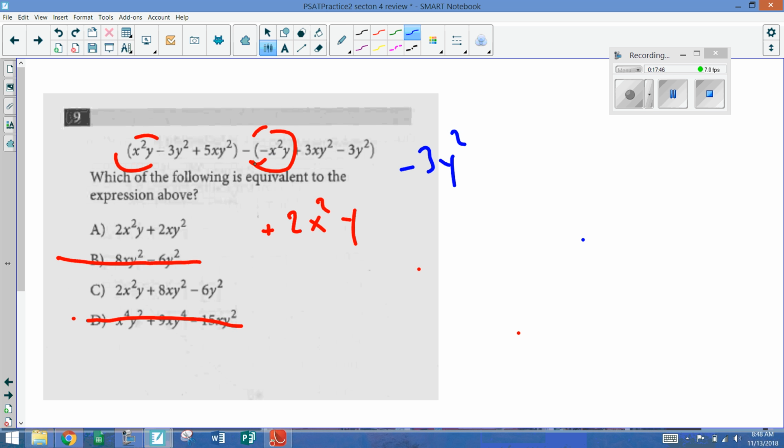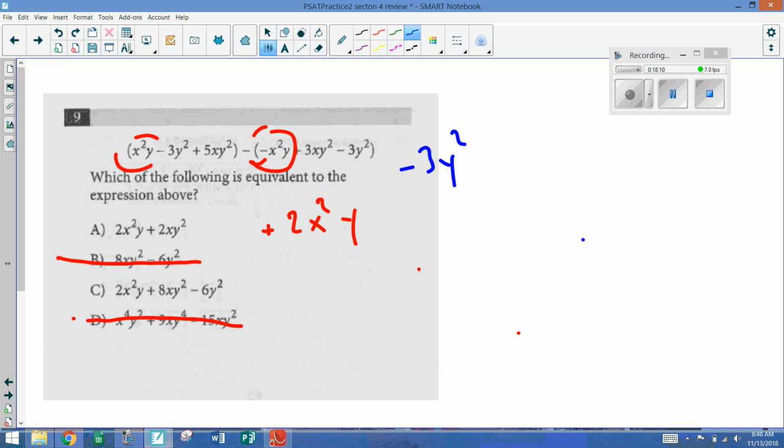Are you talking about here? Negative times negative, positive. Positive 1x squared y. There is also one more x squared y. Yeah, so that makes 1 times 1. You're adding it in, because it's all plus minus plus minus. We're adding it in. 1 plus 1 makes 2. So we're not multiplying, we're adding.